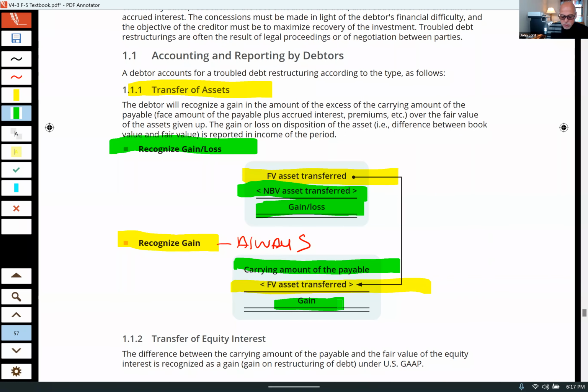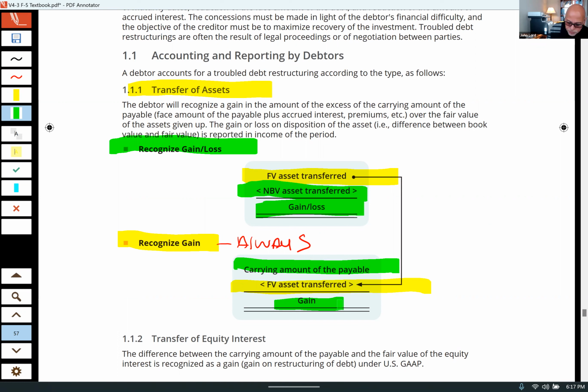And I know that's always a gain, because if the fair value of the asset was more than the carrying value of the payable, what would happen? I'd sell the asset, get the cash, pay off my creditor, and keep a little bit of the cash for myself, right? So you know that whatever the asset is that they're transferring has to be less than the carrying amount of the debt.